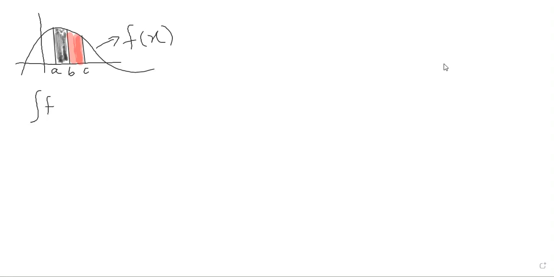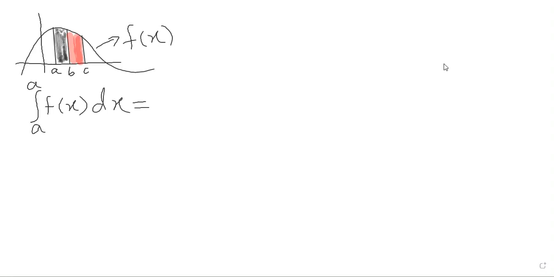if I'm going to integrate a function with respect to x, but the upper limit and lower limit are same, then what is going to happen? Upper limit, lower limit are same.